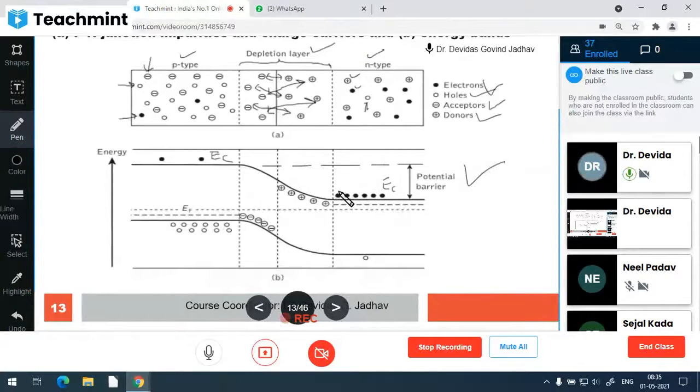So if an electron from the N side has to go to the P side, then the electron has to increase its potential by the potential barrier amount, whatever barrier it has to overcome. Same is the case with the hole. That's why electrons and holes are not going in the other direction. This is the energy band diagram where distance is shown on the x-axis and energy is shown on the y-axis.